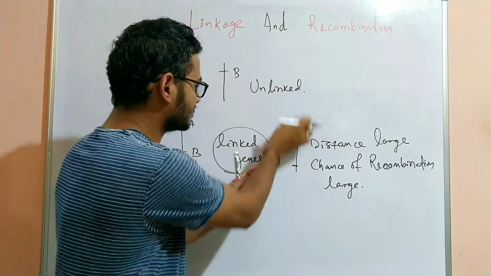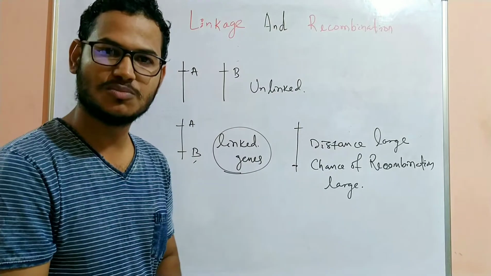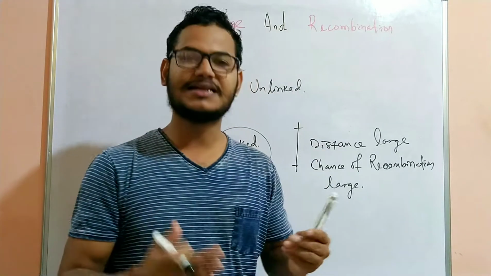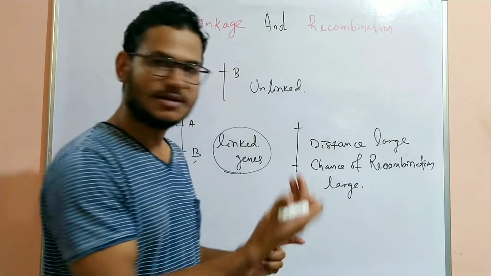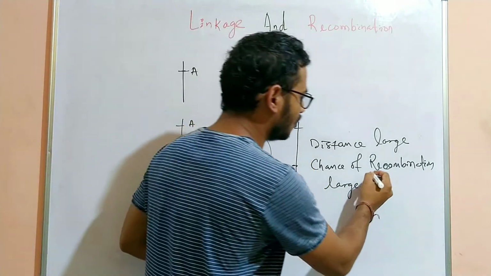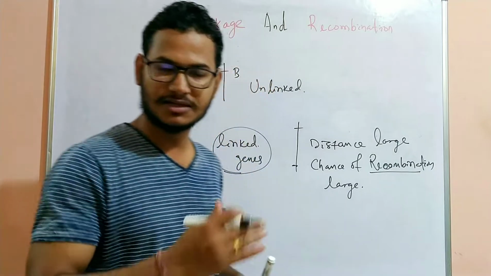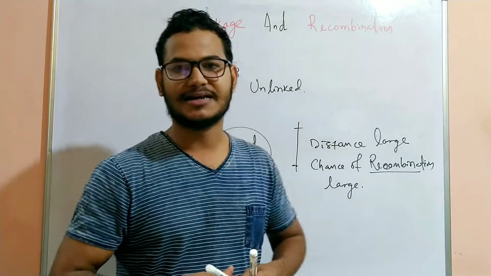Okay, when the genes are far away from each other in a single chromosome, there is a chance of crossing over, which results in recombination, or appearance of new characters different from the parental character.